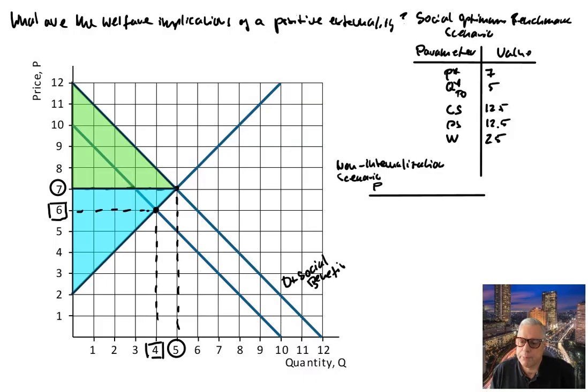So we have our parameter, maybe have our value. Okay, so if we do not internalize this positive externality, our price is 6. Quantity turned over is 4.